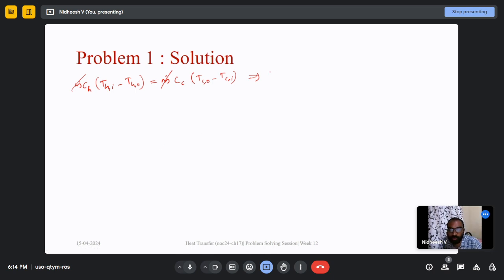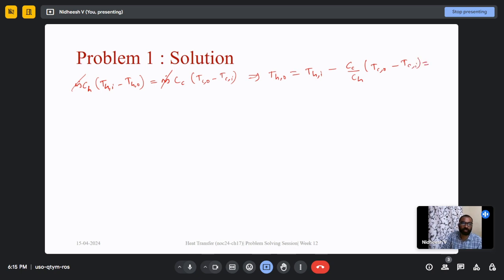So if you rearrange these terms, the temperature of the hot fluid at the outlet equals the temperature of the hot fluid at the inlet minus C by CH into TCO minus TCI.